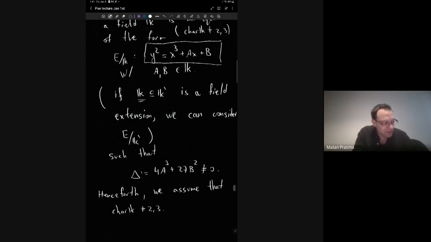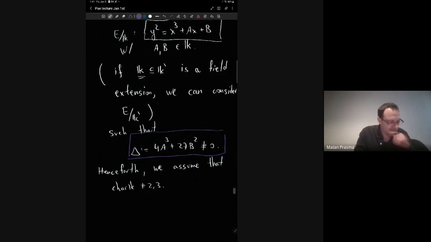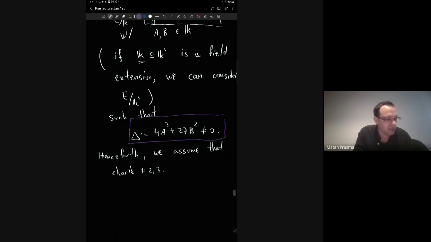This is called the discriminant delta, and it is analogous to what you know from high school as the discriminant of a quadratic polynomial in one variable.